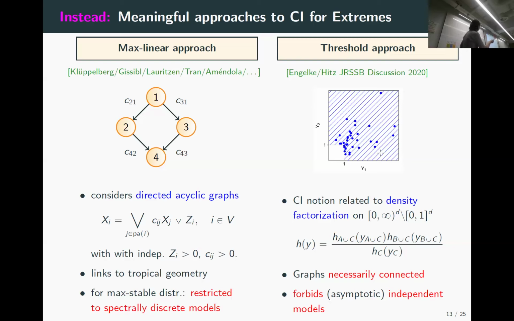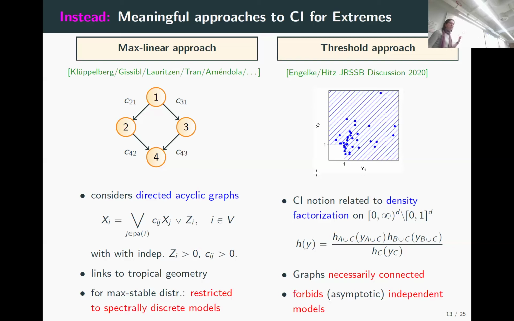This was successful and led to a new notion of conditional independence for graphical models. It corresponds to density factorization of the generalized Pareto distribution in the multivariate case. So there were two lines of research that found ways to meaningfully do this.